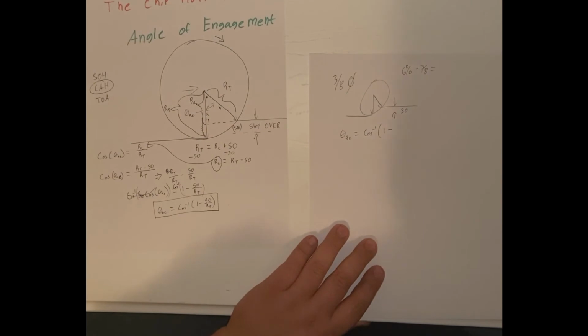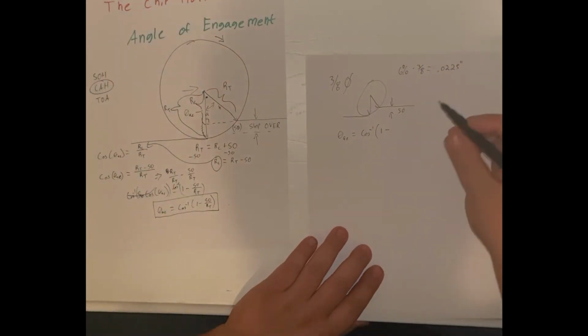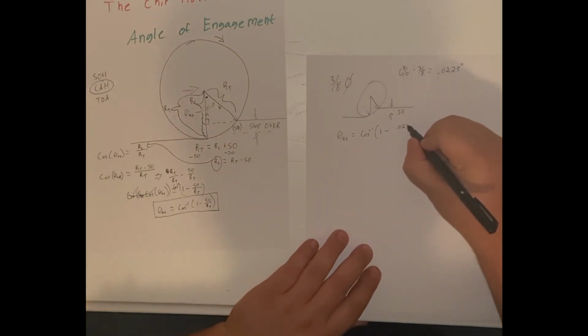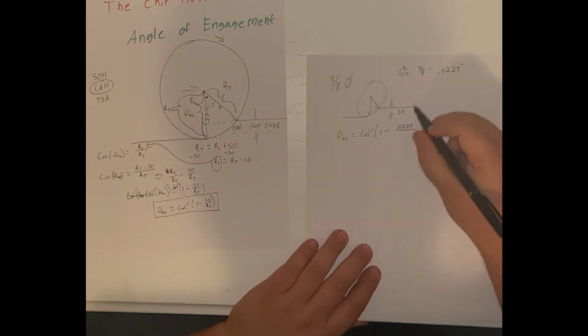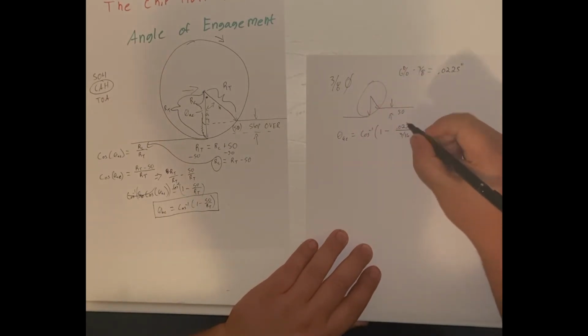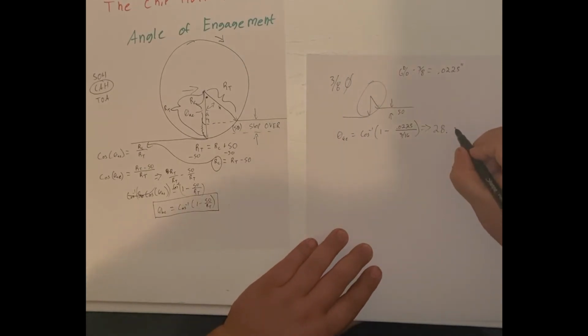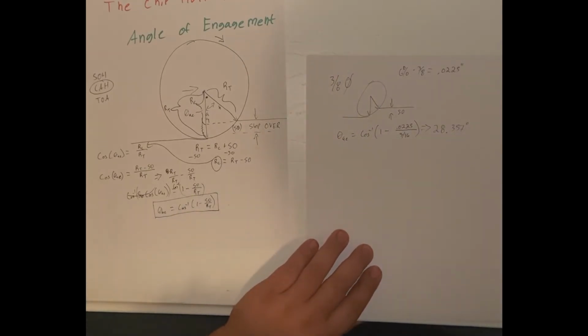I'm actually not very good at mental math, surprise, surprise. 225 thousandths, 0.0225 step over, over RT, so that's going to be 3/16 for our tool radius. Boom. 28.357 degrees, just round it.